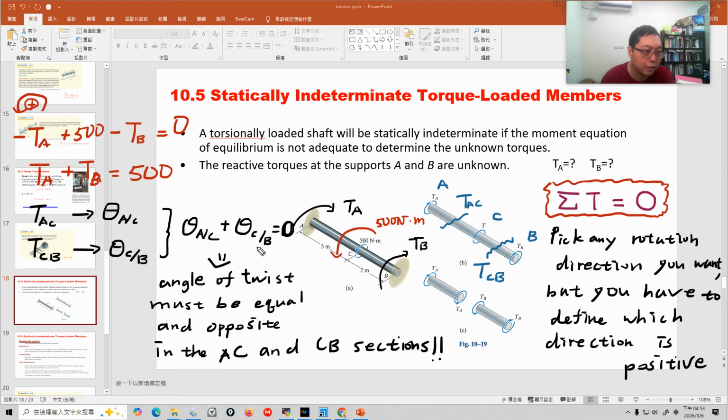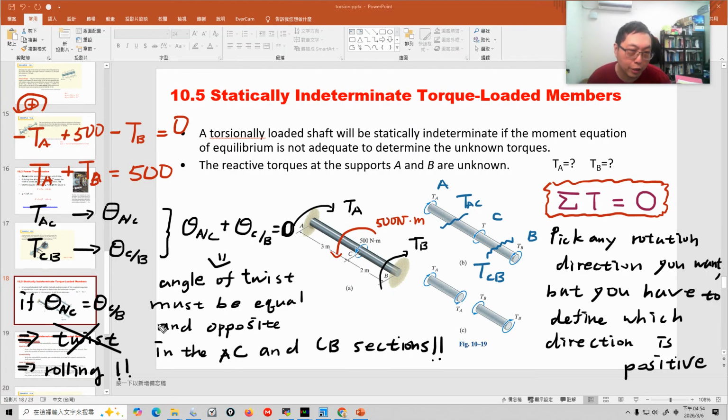If phi AC equals phi CB, that means it's not a twist. It will become a rolling. Think about that.